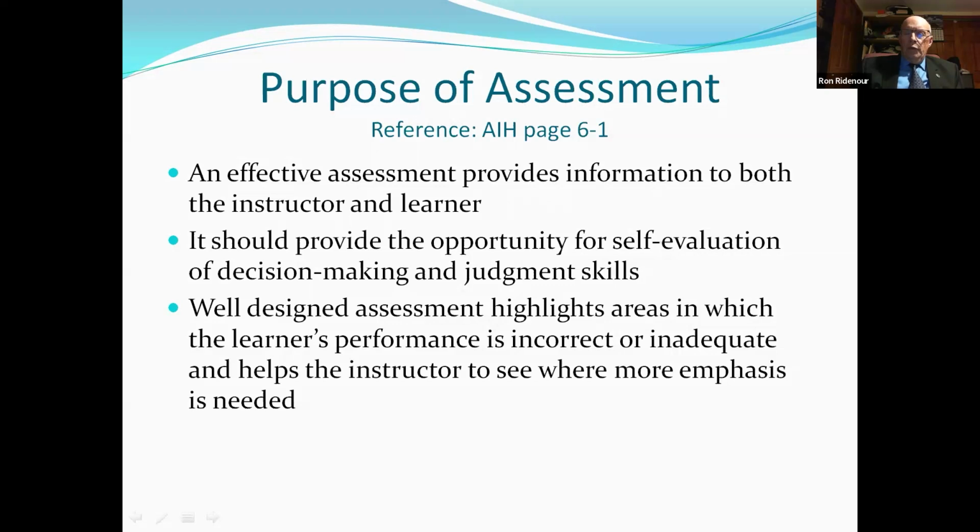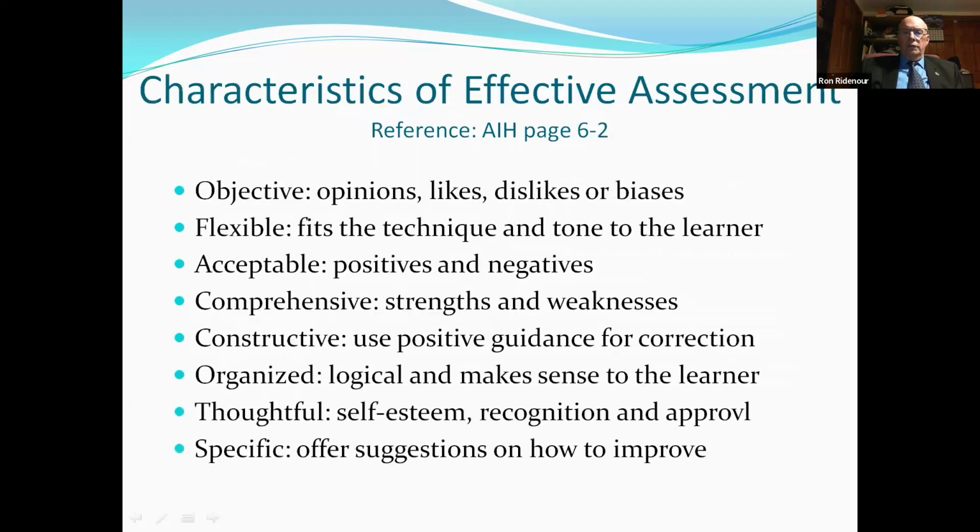Those are all points that Bert and Bob Wander just pointed out. Characteristics of effective assessments. It lists these 8 characteristics, and we'll try to just talk about them briefly.